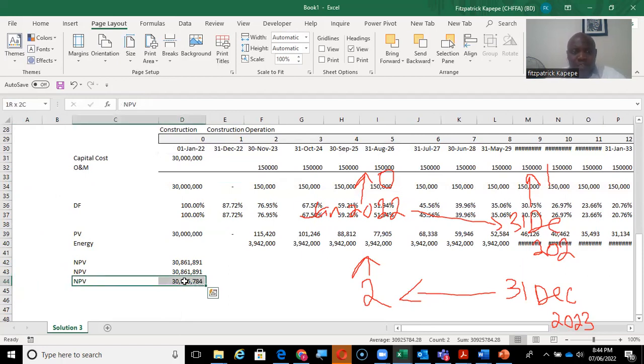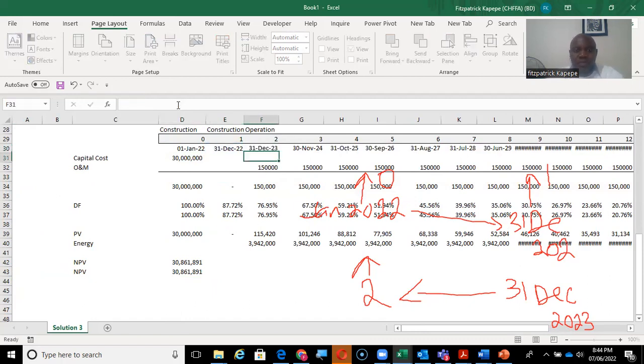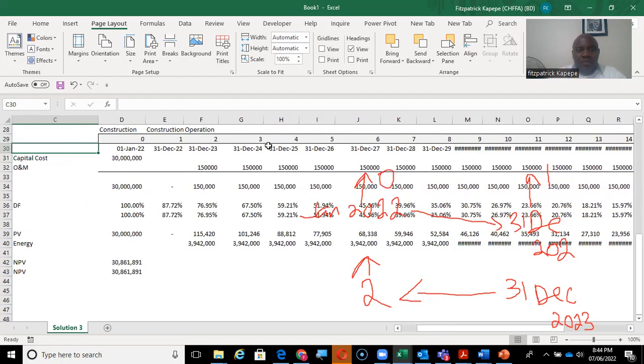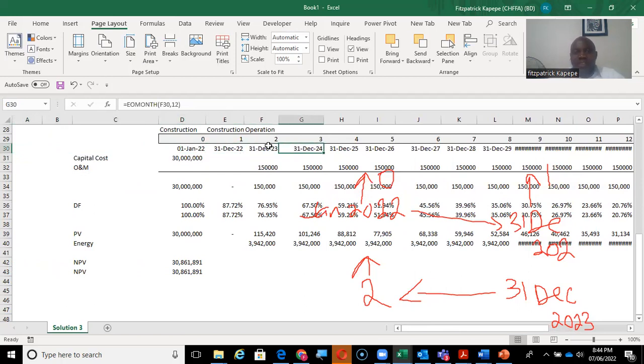Let's keep the 2 methods. But then we are saying from 1st January, you receive the money. You take 1 year up to 1st December 2022 to build. Then in this one should be. So this is how it is.